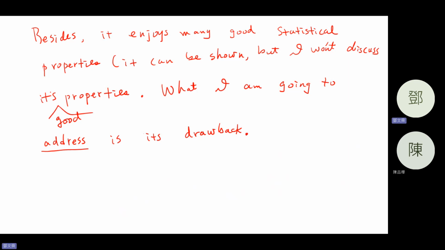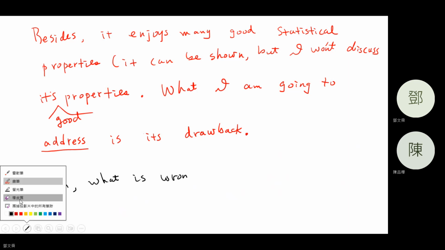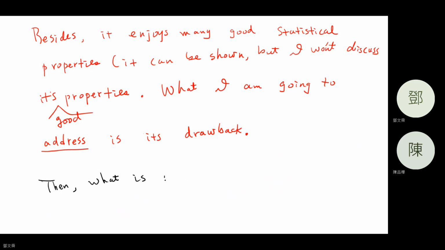But what is wrong with the mean? Keep in mind that mean does not go wrong every time.